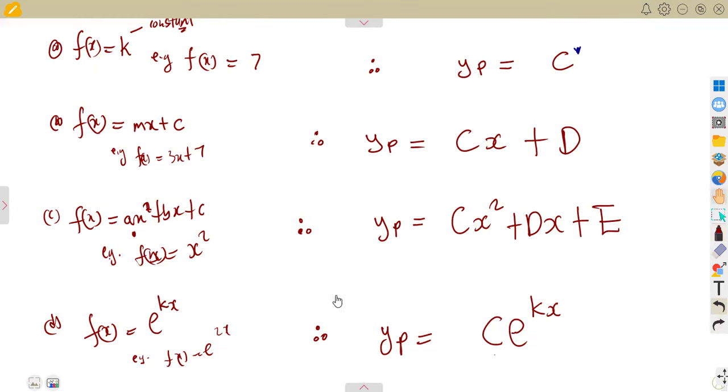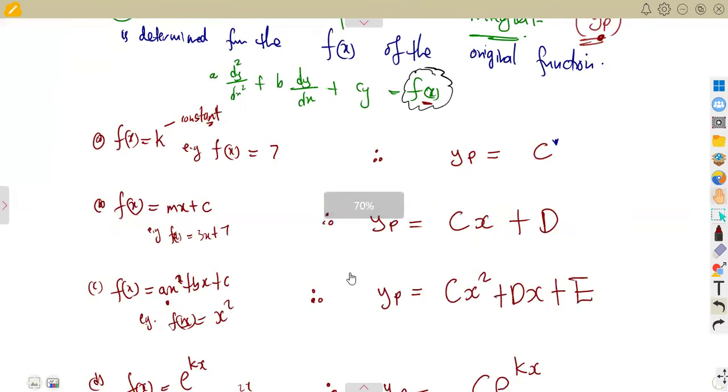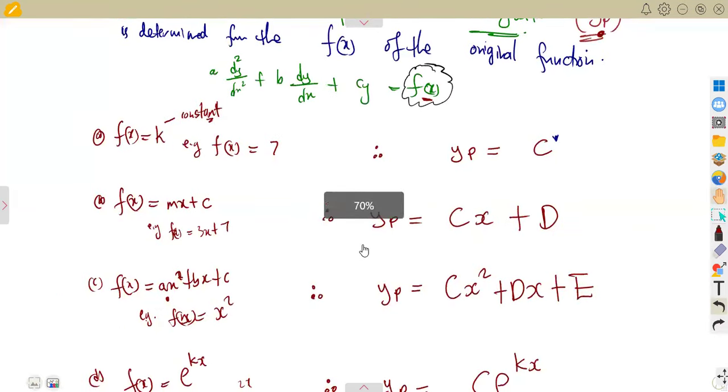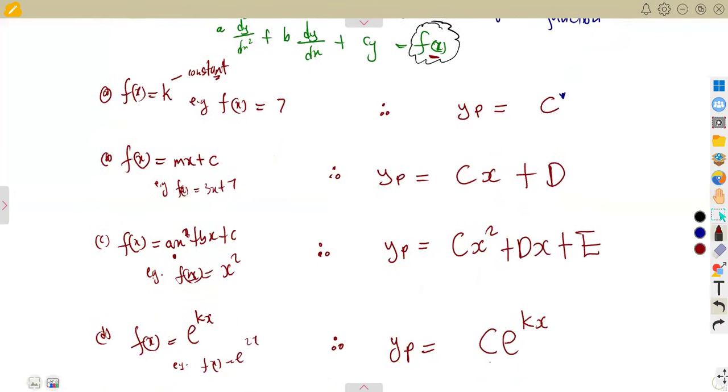But now, take note, there are conditions. If you have this, please be careful here. Remember, we're talking about this. This is f of x.